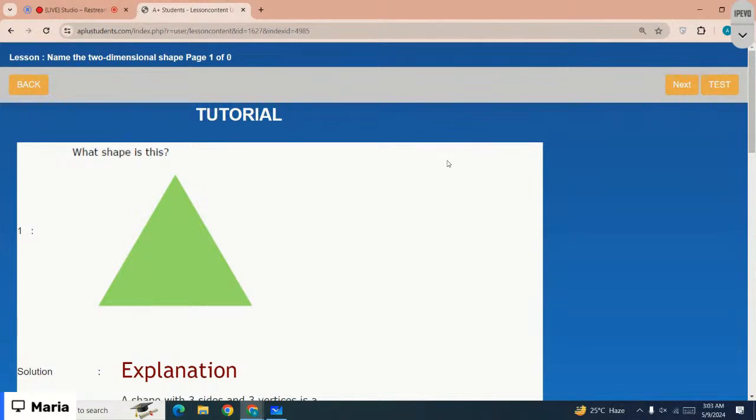Yes, that's a triangle, right? Because the shape has three sides, so that is our triangle. Let's start with the test questions.